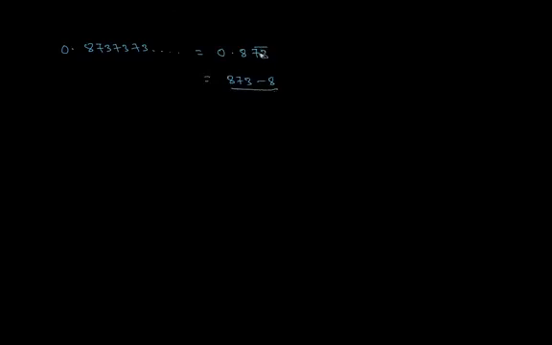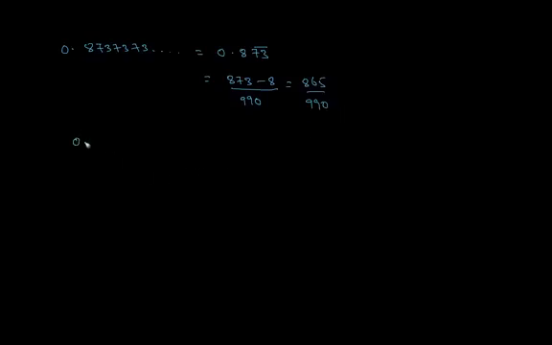I have bar for 2 digits, so I will write 2 nines, and there is no bar for 1 digit, so I will put a 0. So it should be 865 by 990, right? Understood how to use it? Right.